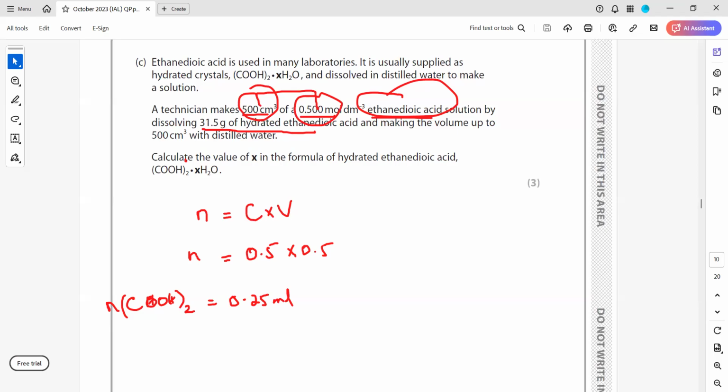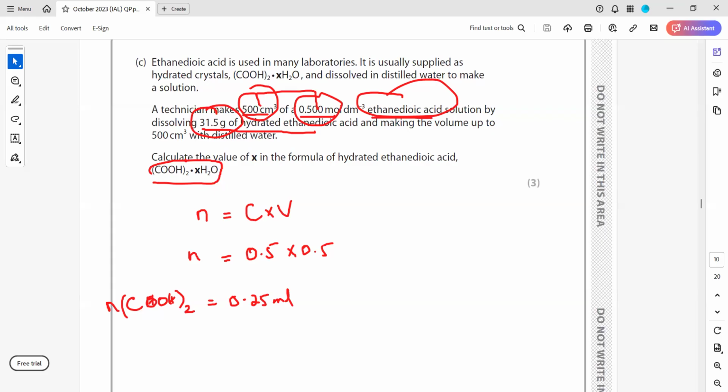Now, this is the total mass of the hydrated acid. In the question they mentioned the total mass of the hydrated acid was 31.5 grams. This is the mass of the ethanedioic acid plus water, 31.5 grams, which is dissolved in 500 cm³ of the solution.